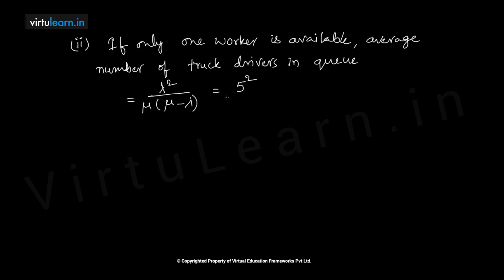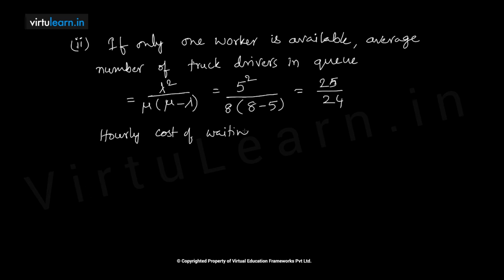Here lambda is given 5, so lambda squared by mu into mu minus lambda, that means 25 by 8 into 8 minus 5, which is 25 by 24. The hourly rate of one worker is 400 per shift.